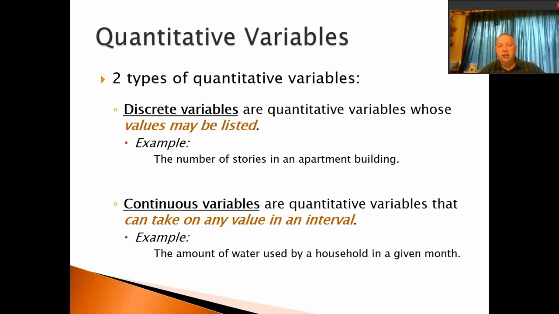I keep dividing that up, and it's basically only limited by the number of significant digits my calculator is going to give me, or the resolution of the scale that we're talking about. The amount of water used by a household in a given month could be anything from 0 upwards several hundred gallons, and it could be anything in between. So anytime you're going to talk about volume, mass, weights, they're going to be continuous variables.